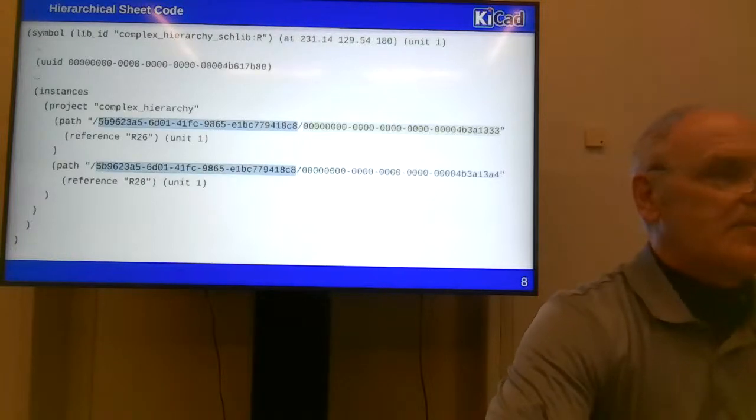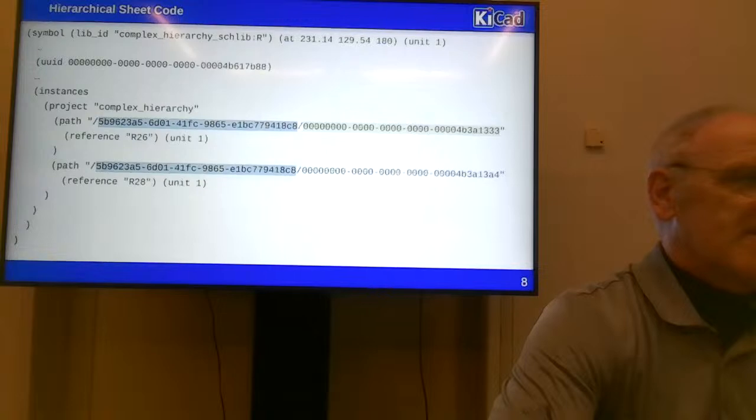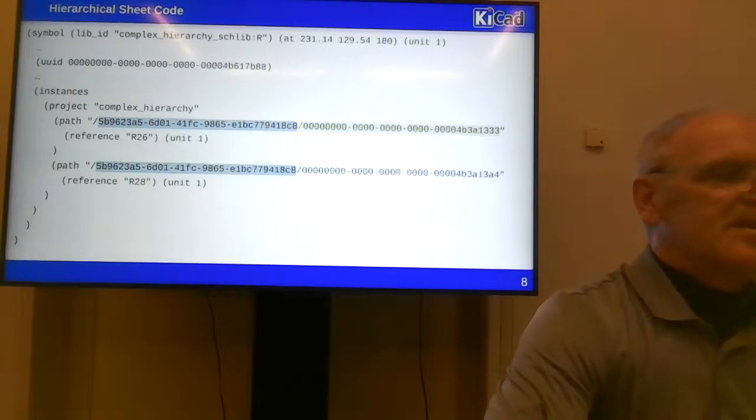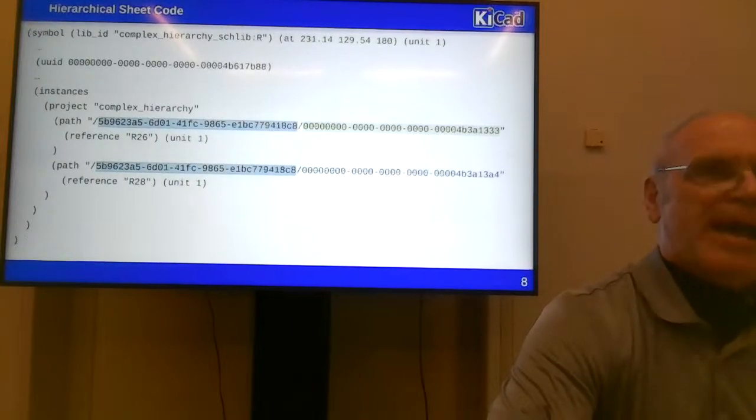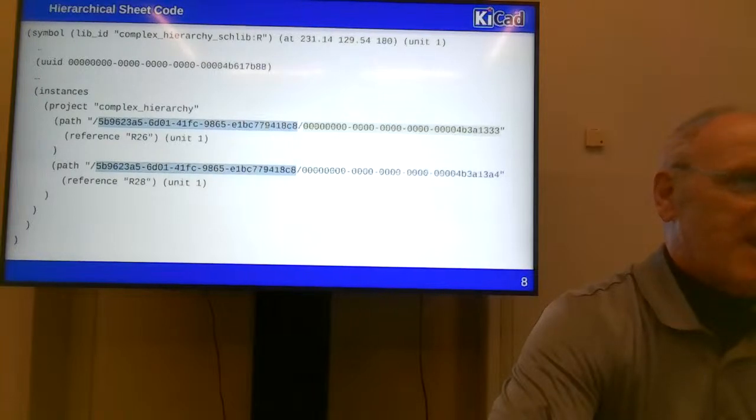So here's what a symbol looks like, the definition for the instance data inside a symbol. Now notice, this symbol's been shared twice. If you looked in the instances data, you see two sections of instance data, each defined by a path. And you notice in this case, there's two, one for the one sheet and one for the other sheet that it's shared with.